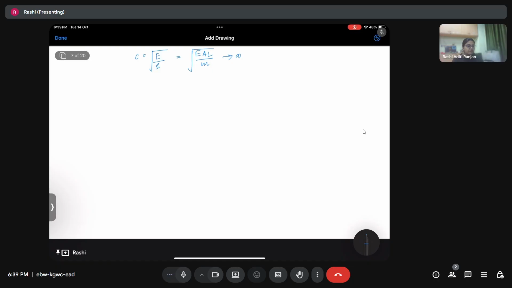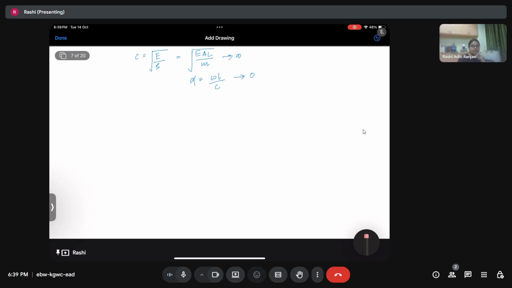Now, if C is going to infinity, then alpha, which is omega L by C, is going to be what? It will tend to 0, correct? Because in the denominator there is C. Now C is going to infinity for a very small value of M, so this omega L by C is going to 0.